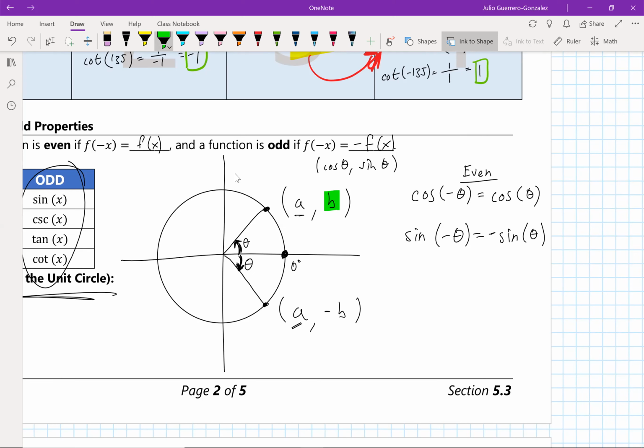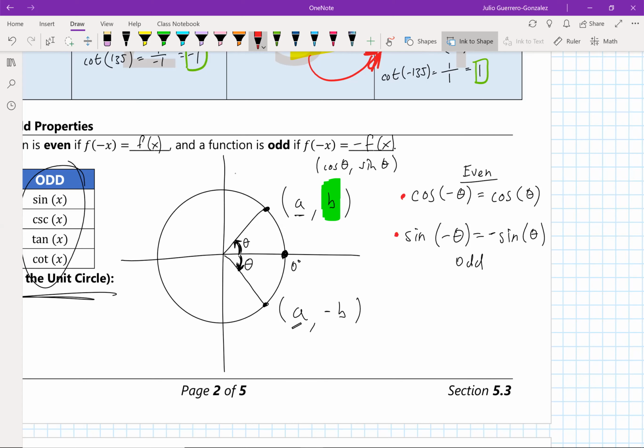If we go negative, that's equivalent to this positive y value, but negative. Makes sense? And that right there proves odd. Okay, and these two are the big ones, because from there on, we get the rest.